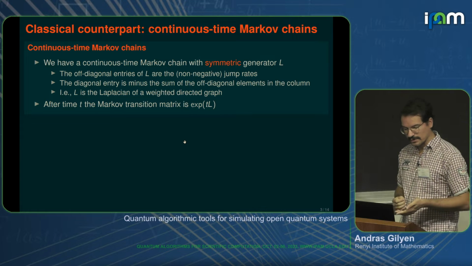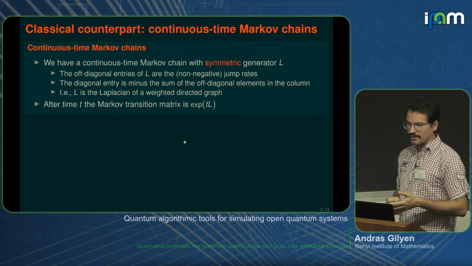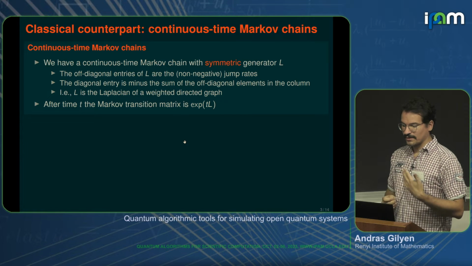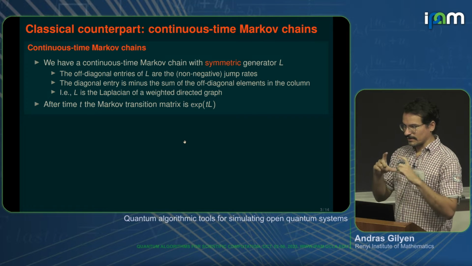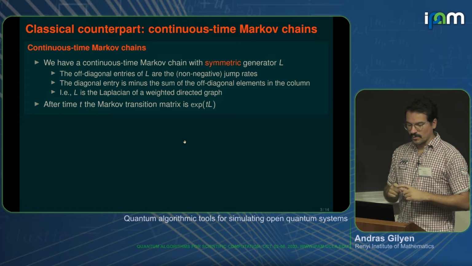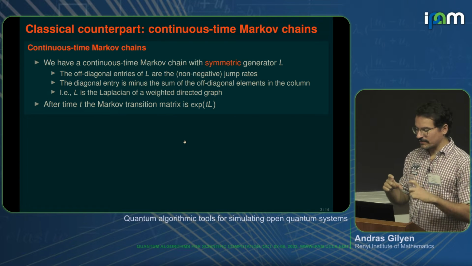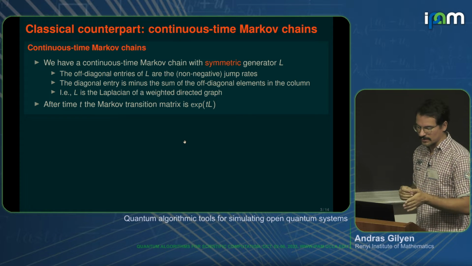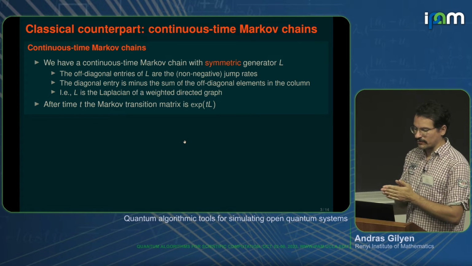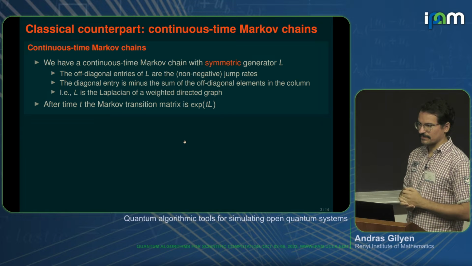Similarly to the quantum case, this gives rise to a linear differential equation, which you solve just by exponentiating this Laplacian matrix. That will always give you a Markov chain, a stochastic matrix that describes how the jumps look after waiting for time t from the initial state.